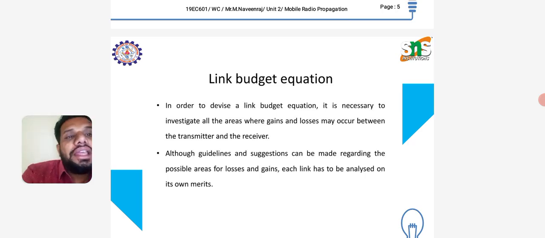So in designing the link budget equation, you consider all the areas, because you are going to calculate all the gains received by your transmission system through antennas, and also the losses, because when the signal is weak you lose some information, and that also has to be accounted for. Each link is to be analyzed on its own merit.